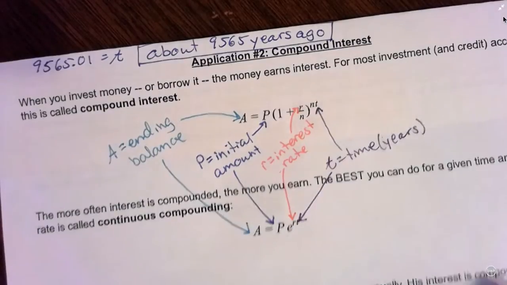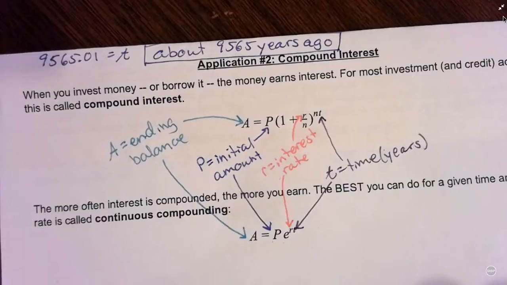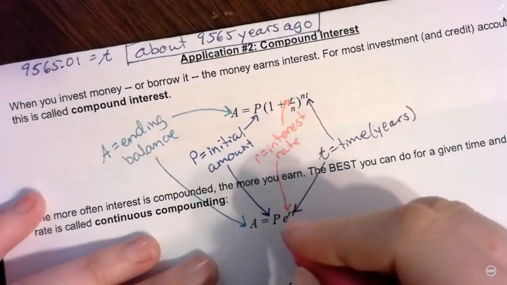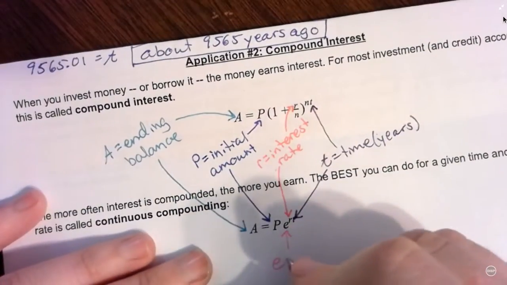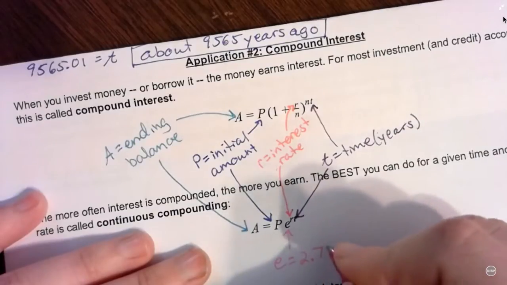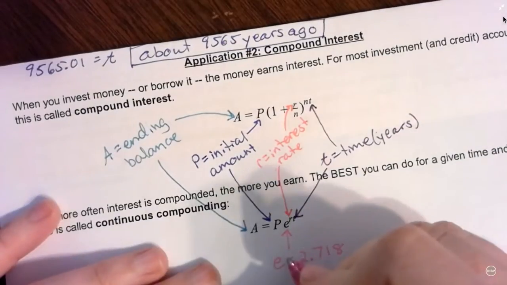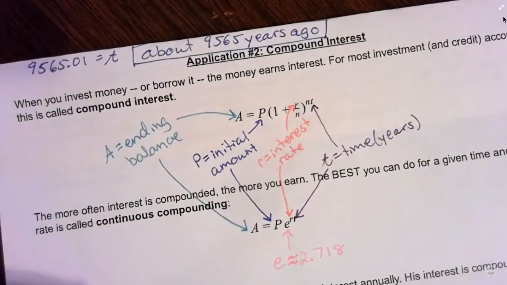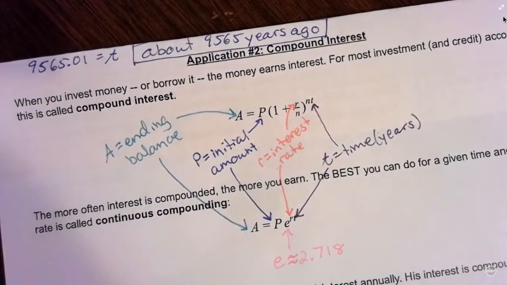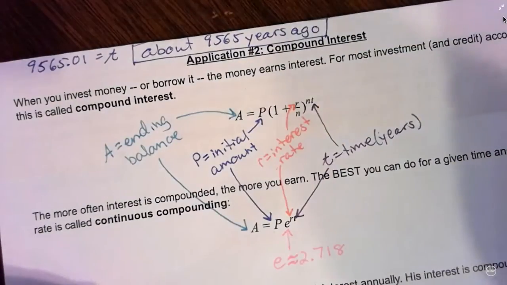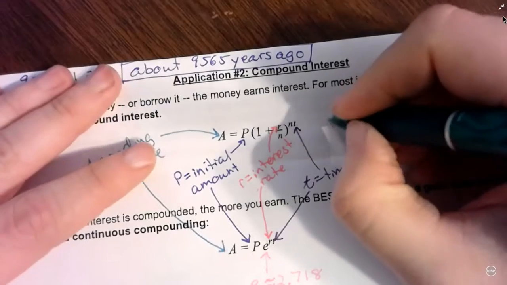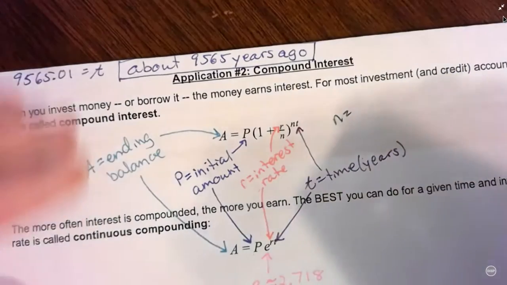Now you'll also notice that each formula has one thing in it that's different than the other. This one, of course, has E, which is our old friend, approximately equal to 2.718. This other formula, however, uses the variable n. And this n stands for the compounding periods per year.